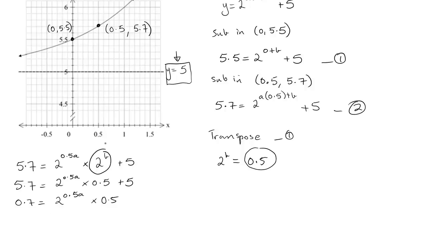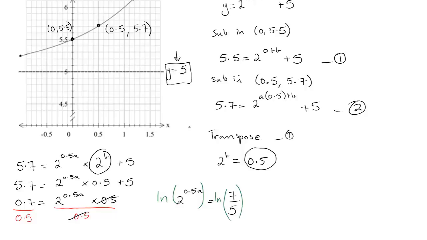And then we divide by half. Okay, so what we end up with, these cancel. So 2 to the power of 0.5a is equal to 7 over 5. And now we can take a log of both sides. So it's possible to just introduce a logarithm. Take, if you want, a natural log of both sides, like so.